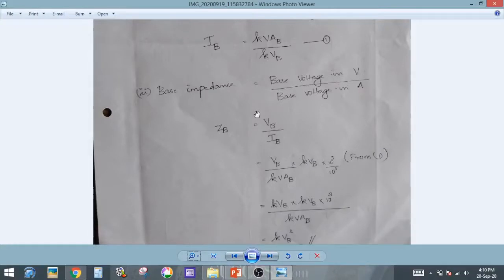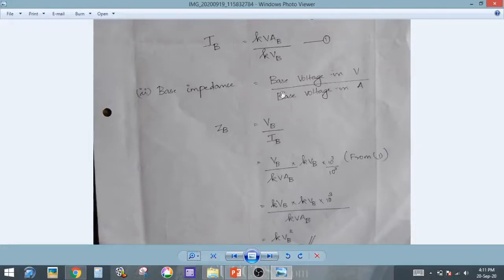From equation 1, IB equals kVAB divided by kVB. So that expression can be substituted here.